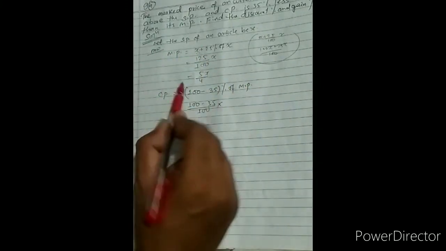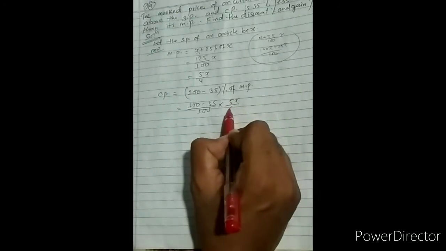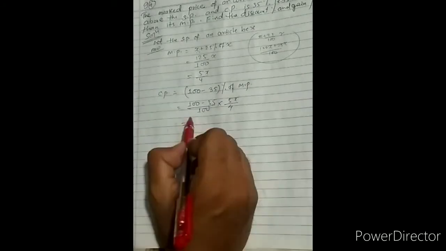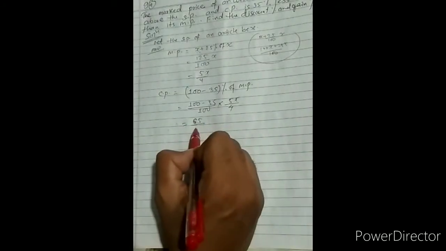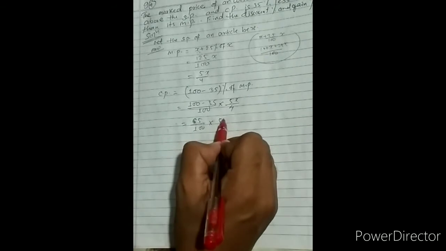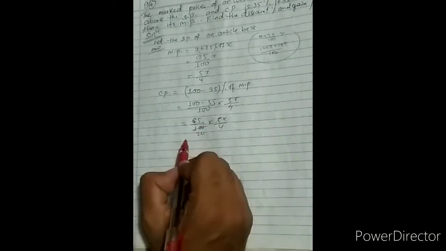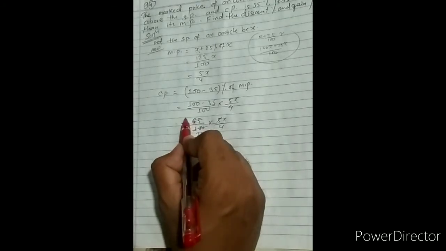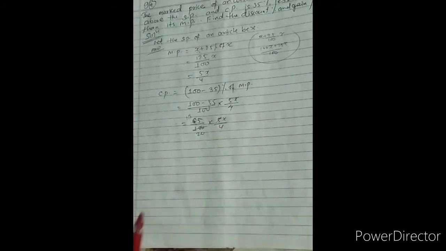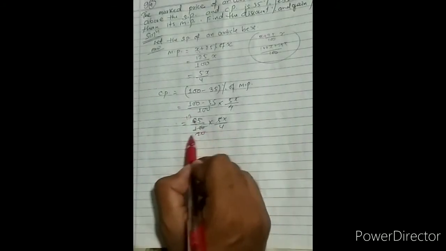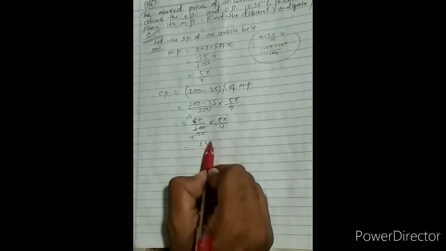In the place of mark price, we can write 5x by 4. Now 100 minus 35, what is there? 65 divided by 100 into 5x by 4. 5 20s, and now we cannot cancel again, 13, 5 4s. 13x by 16 is CP.